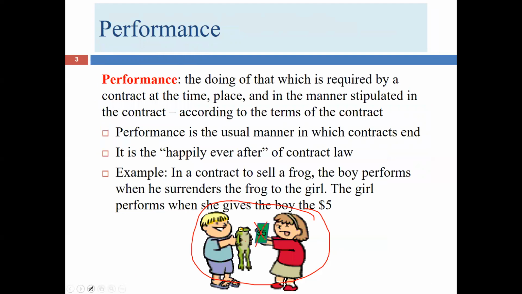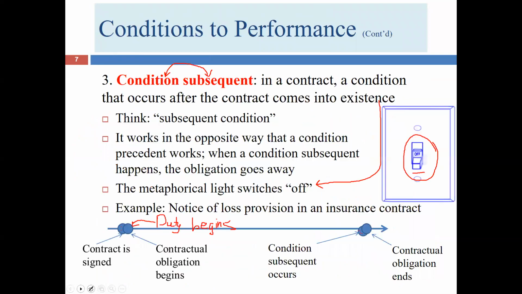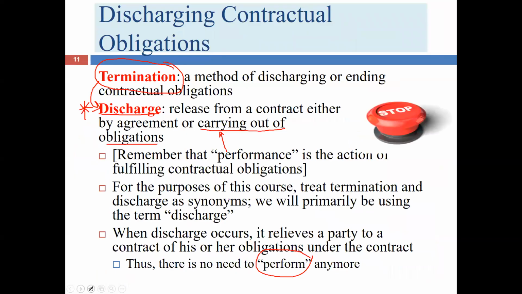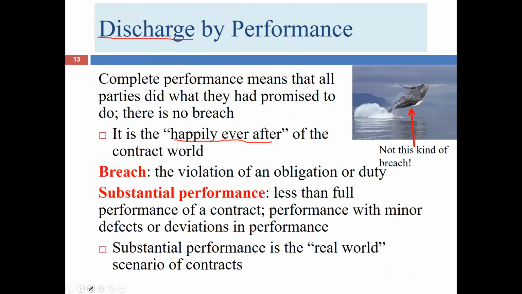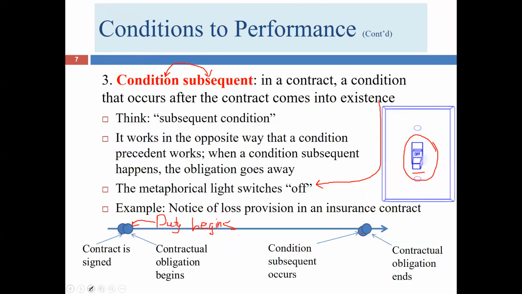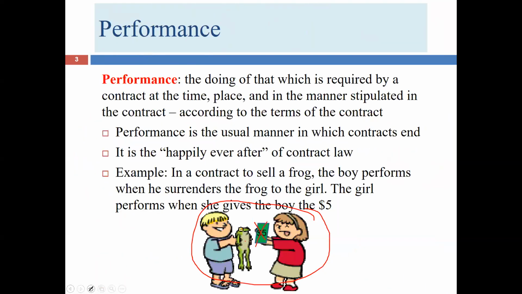Well, this is the circumstance under which he is excused from performing. When the other person breaches, then of course he doesn't have to continue to perform. It has to be a material breach. It can't just be some trivial change. For example, let's say that Sally showed up with $4.99.